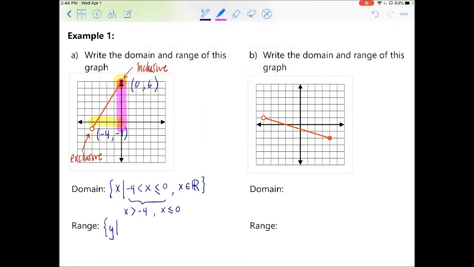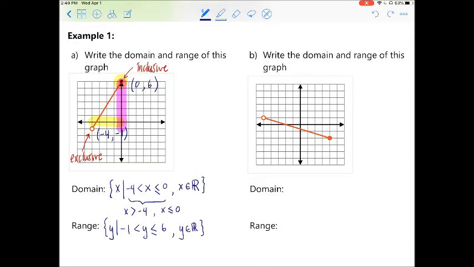It goes all the way up to y equals 6. So y is in between -1 and 6. And notice that the second point, the upper limit, is inclusive, so we have to have another bar there to make it y less than or equal to 6. Don't forget, y is an element of all real numbers.